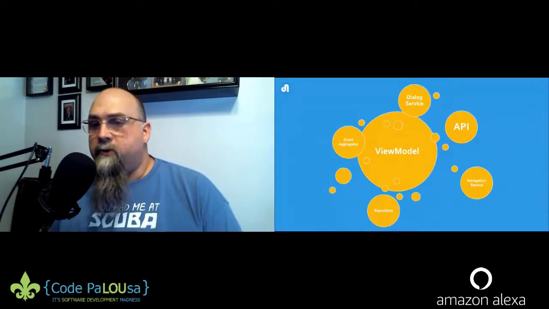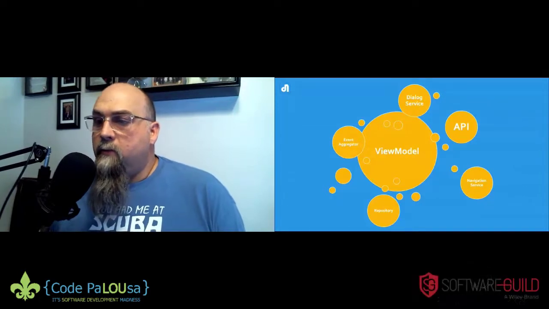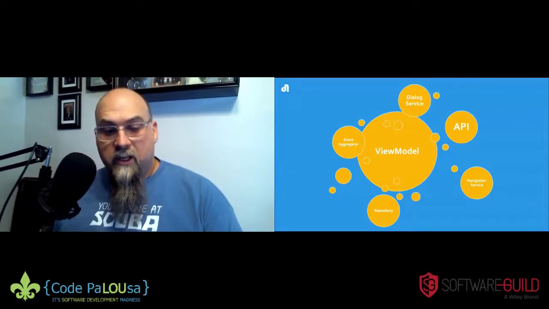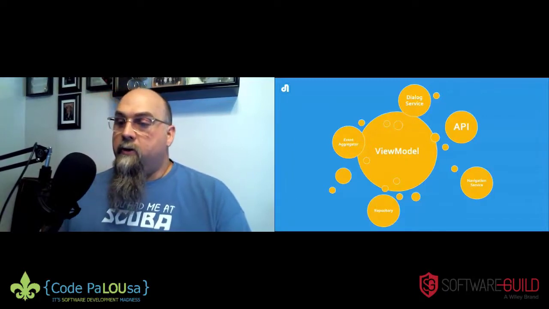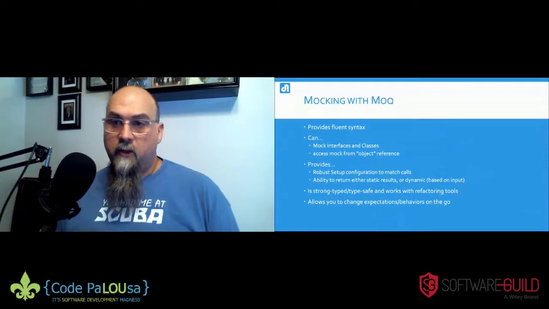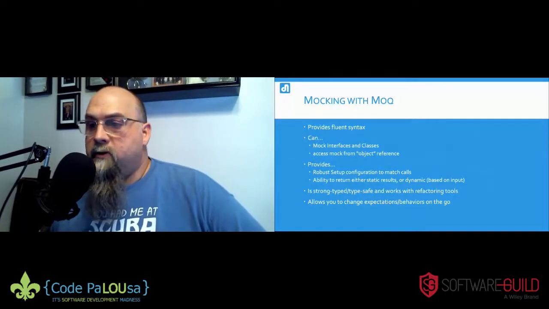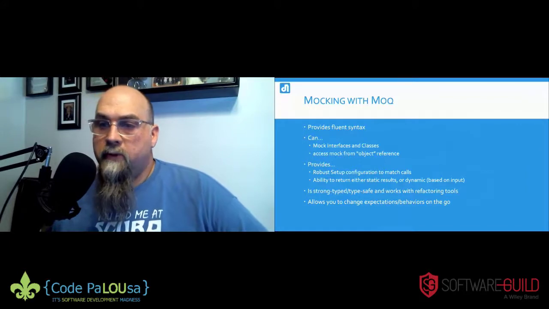You're going to have view models and repositories and APIs and navigation and all these different pieces that each need to work the way you want them to work together, but you need to be able to test them independently and make sure that it all works. There's a couple of ways you can do this. I like to use Moq, pronounced mock or mock-u. Their site actually says you can say it either way.